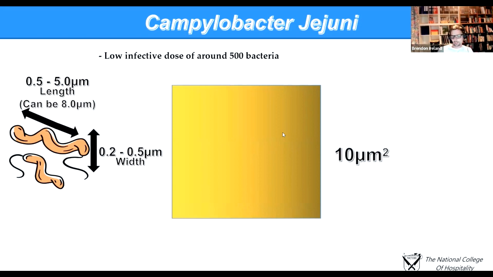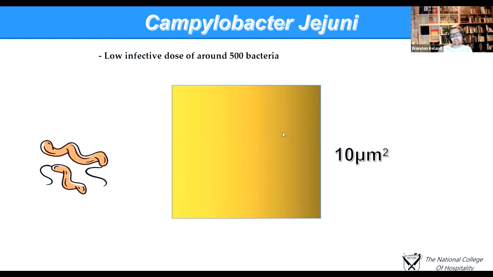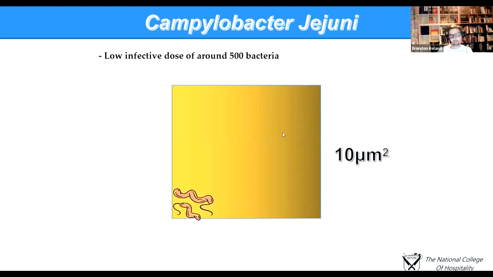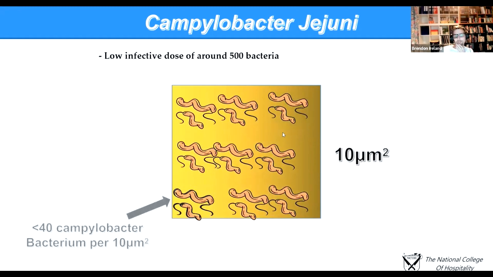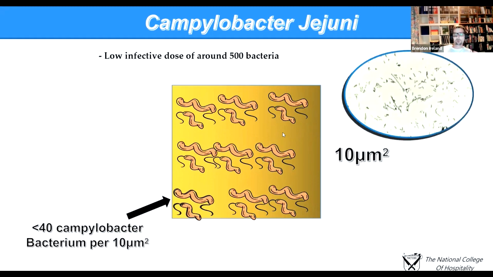If you were to do a little calculation and put that in as essentially maximum capability, you would probably be looking at about 40 Campylobacter bacteria per 10 microns squared. Now, when we actually look at Campylobacter under a microscope, if this is our hypothesis for the maximum capabilities, they're not all clumped together.